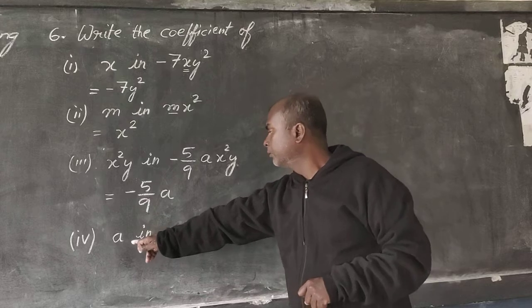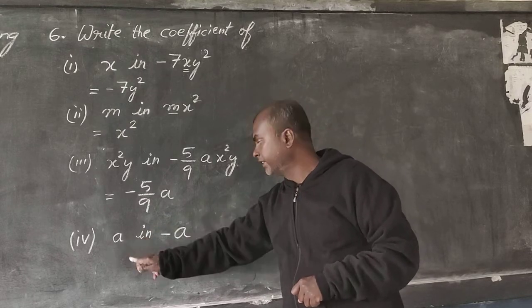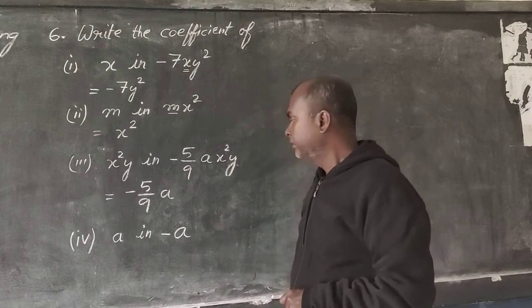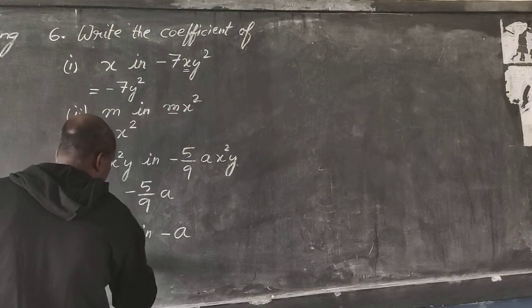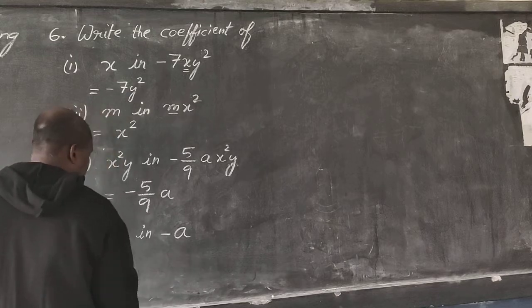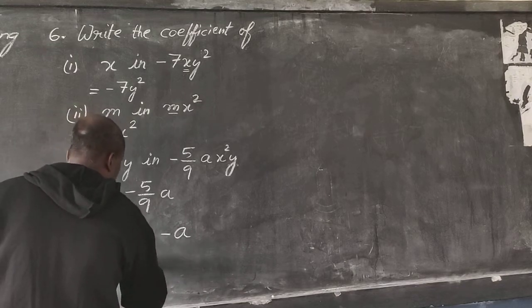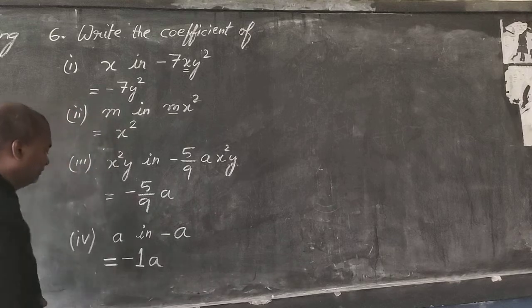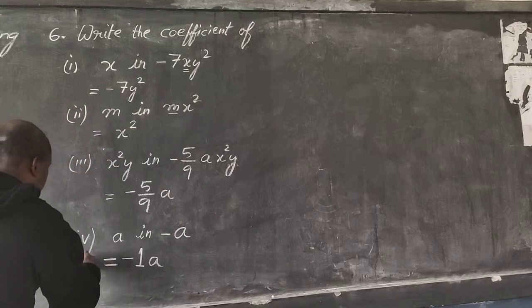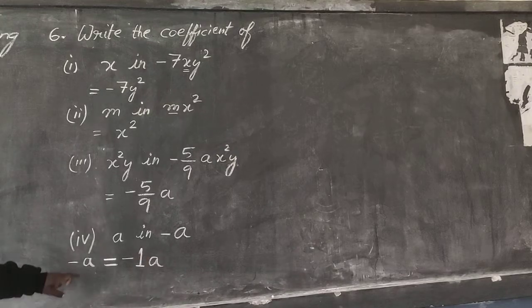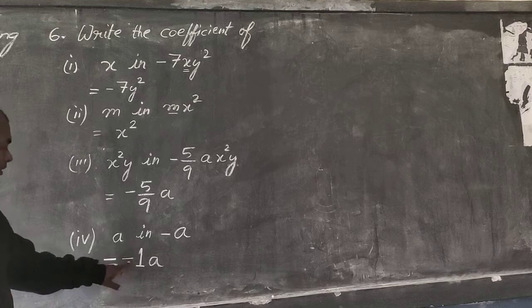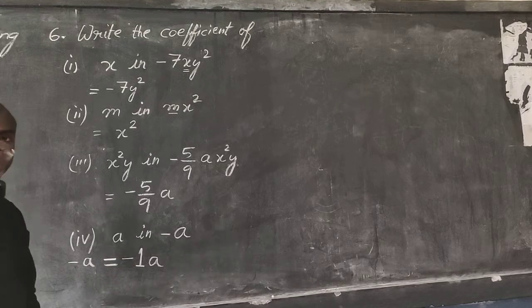Next, they want the coefficient of a in minus a. Now this needs a little bit of simplification. Minus a can be written as minus 1a. That means if there is no constant term written along with a variable, it is assumed that 1 is always there.